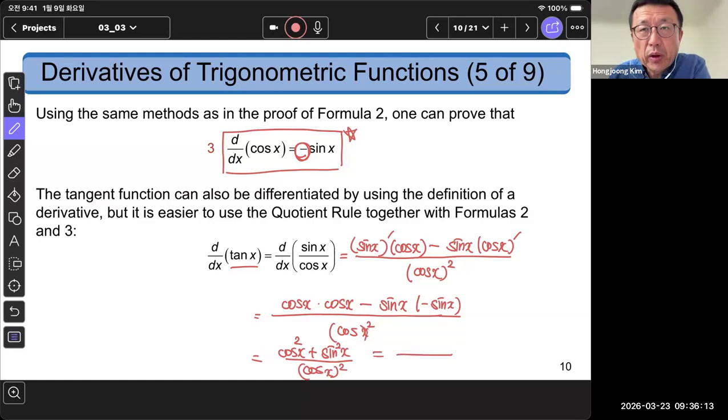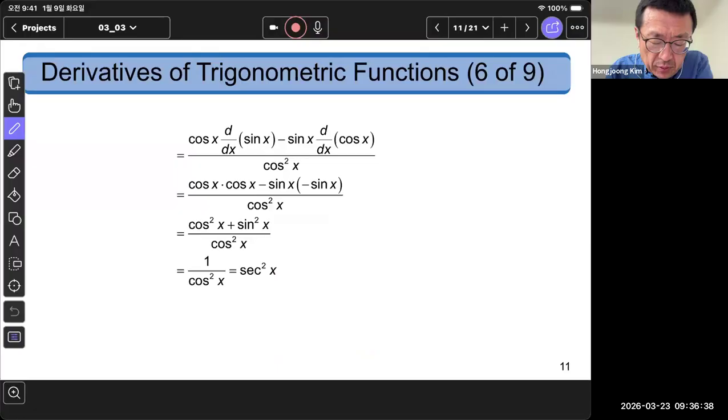Sine squared plus cosine squared gives you the value 1, and we have cosine x squared. So 1 over cosine is the secant function. So we have secant squared, and that is the derivative of the tangent function.